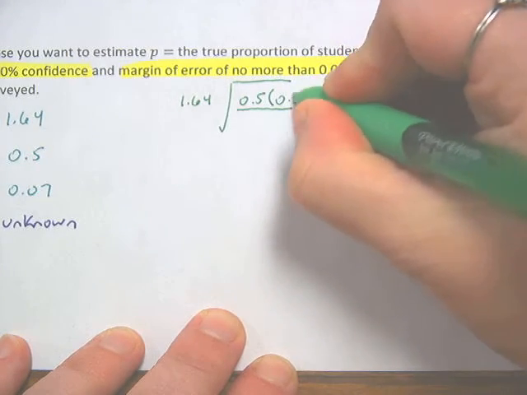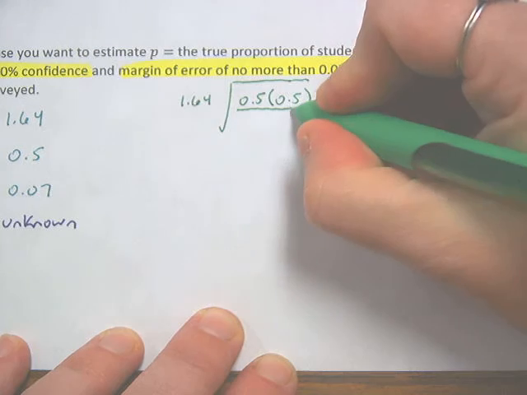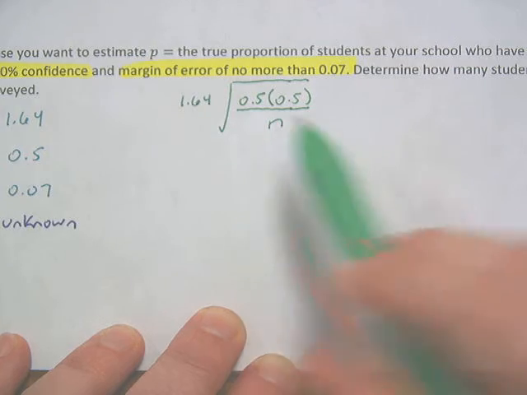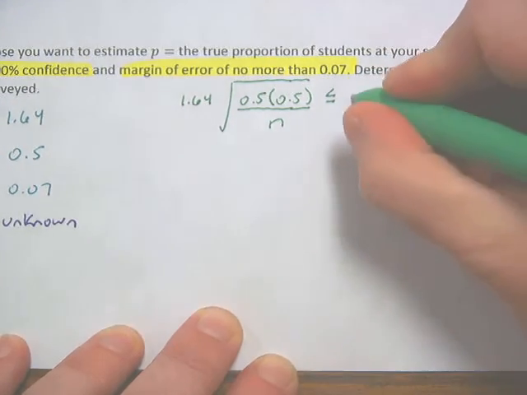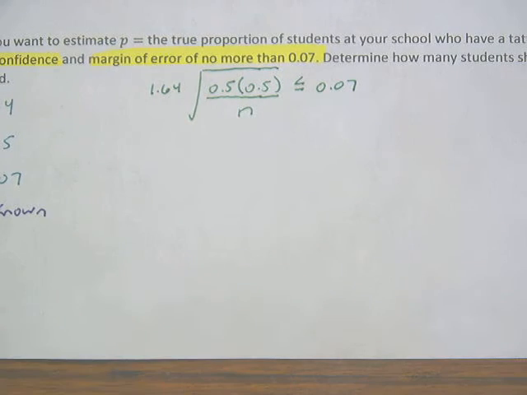I'm just going to put 0.5, same thing as 1 minus 0.5. All divided by the sample size N, which we don't know yet. That's why the algebra is going to be involved, because we're going to have to solve for N. All of that should be less than or equal to the desired margin of error, which in this word problem is 0.07.